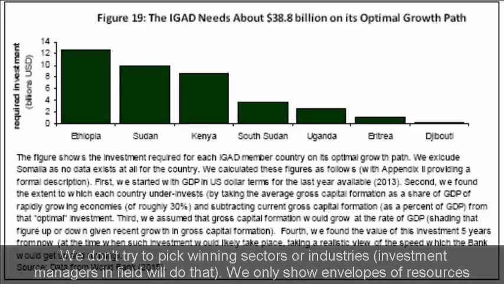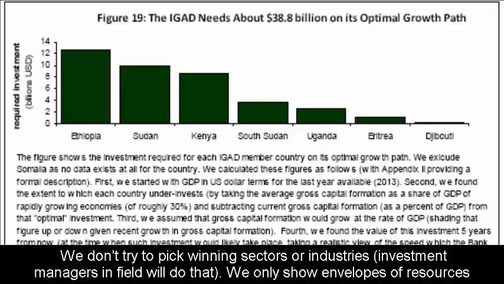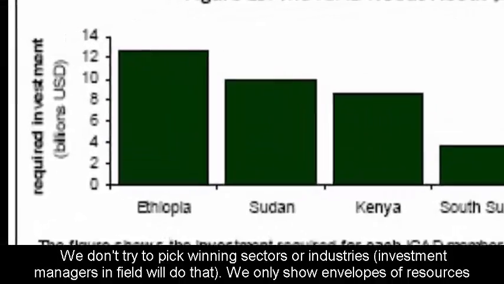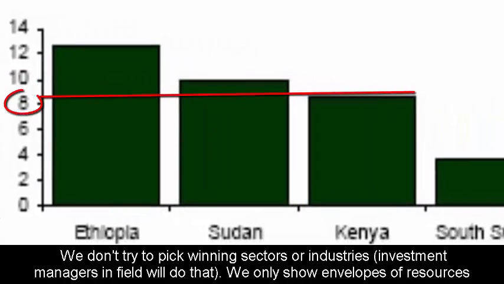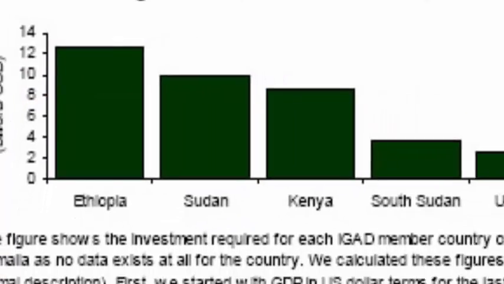And so to the extent that these economies reflect our sample economies, we see that Ethiopia would need roughly $12 billion in order to grow along its optimum output path. The Sudan would need roughly $10 billion, Kenya $8 billion, and you can see the other amounts in front of you.